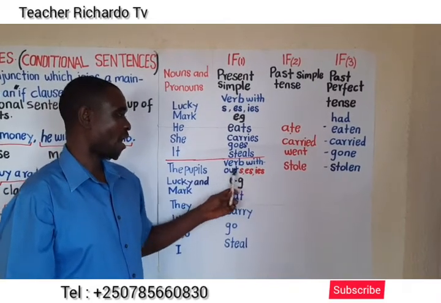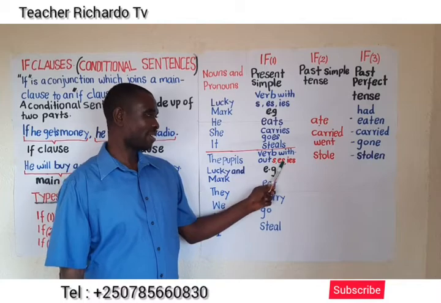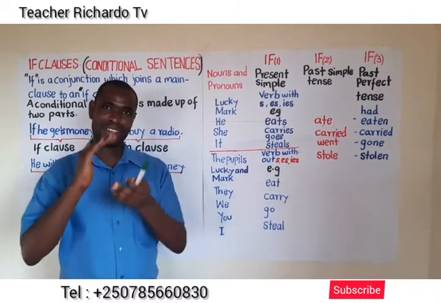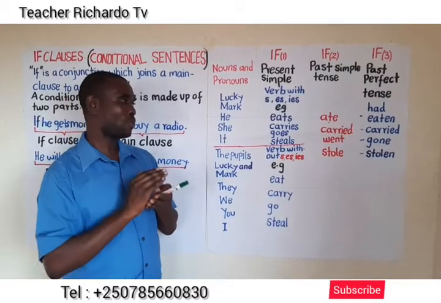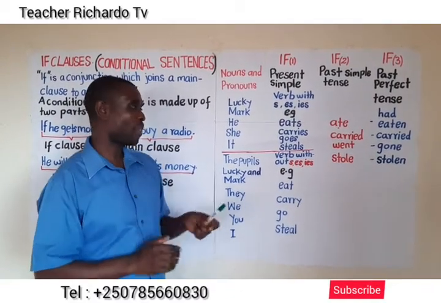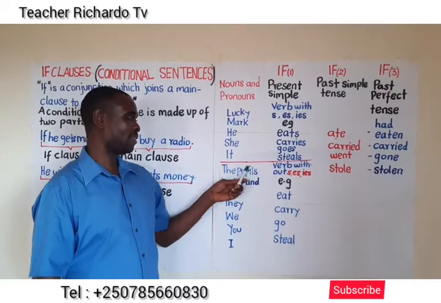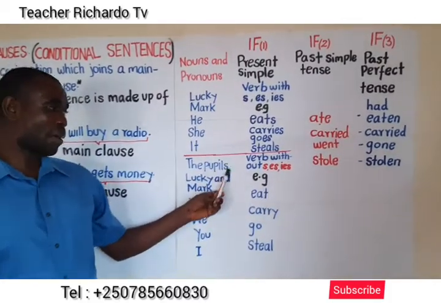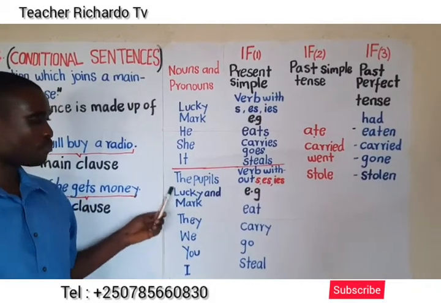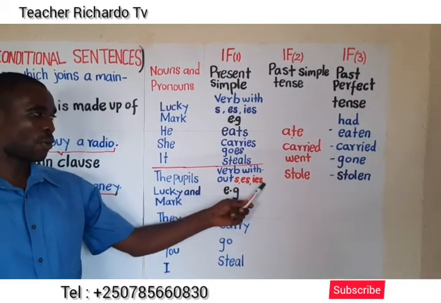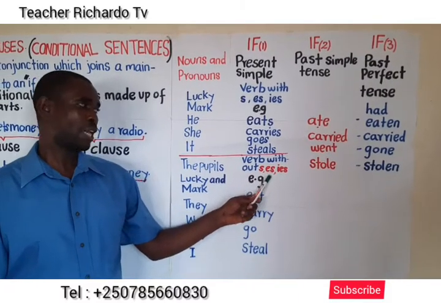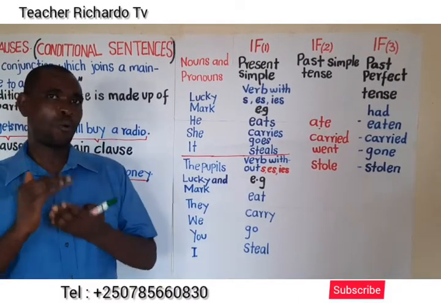Then when you find that they are in plural form, and with the pronoun I, we shall say verb without s, es, ies. Please don't use those letters when the pronoun is in plural form or the nouns are in plural form. Don't add them on the verb. That is in if 1.